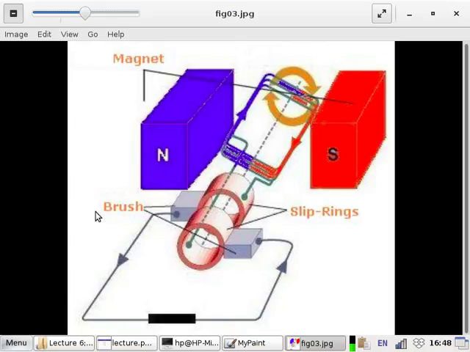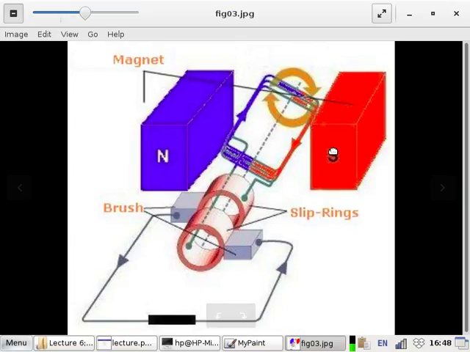No, we can't use the left-hand rule. This is the magnetic field, and this is the plane.